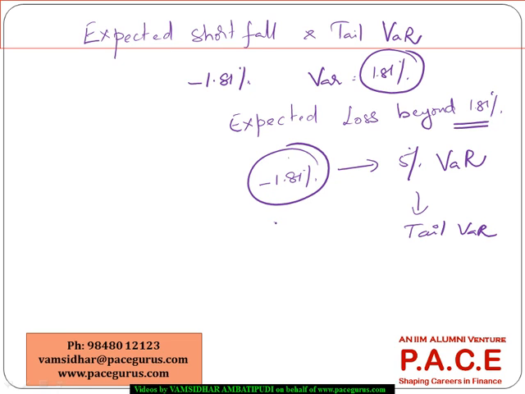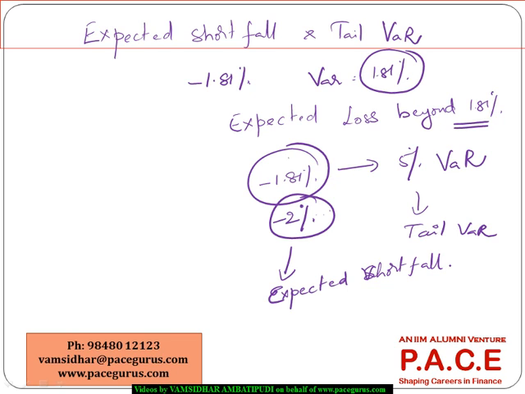But if instead of minus 1.81% I have set it to be minus 2%, and I am trying to find out the expected loss beyond minus 2%, because this is not a VAR value, in general it is called the expected shortfall, the expected value of all the losses below a threshold level. If that threshold level is nothing but a 5% VAR or a 1% VAR value, then that same expected shortfall is the same as the tail VAR, tail value at risk itself.